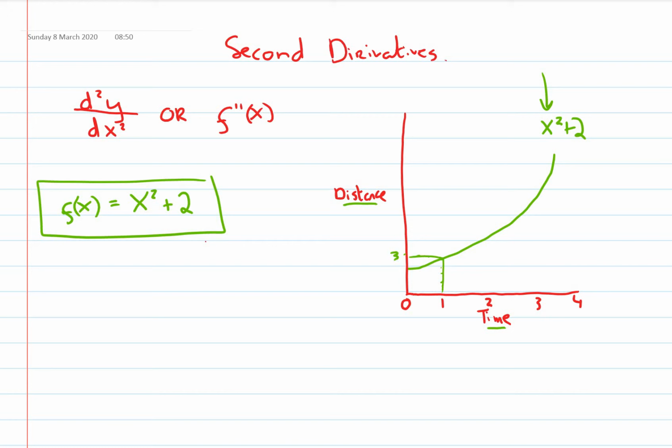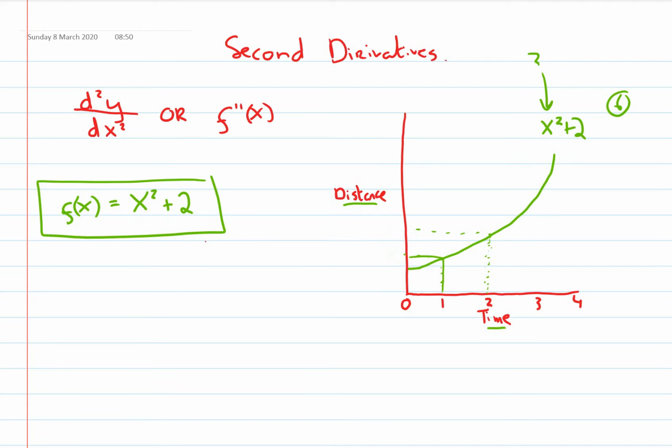Likewise, if I put in 2 for the time, so after 2 seconds, 2 squared plus 2, I get an answer of 6. If I draw a line up from 2, I get out 6. That means this object, after 2 seconds, has travelled 6 meters. After 1 second, it has travelled 3.